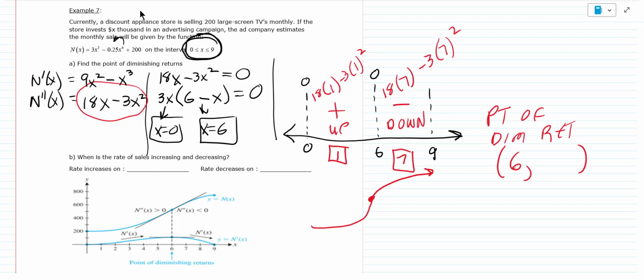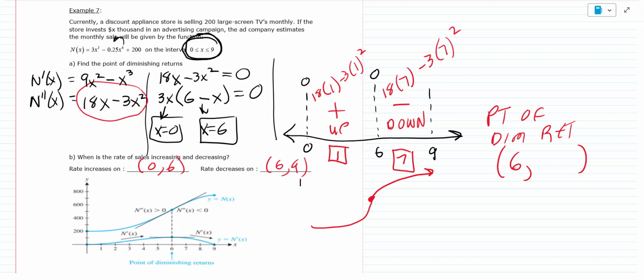So the rate is increasing from 0 to 6. Then the rate is decreasing when the tangent line gets less steep. The rate of increase is not the same as just increasing. If I say rate of increase, then you're talking about the second derivative. So that would be 0 to 6. The rate of decrease would be from 6 to 9.